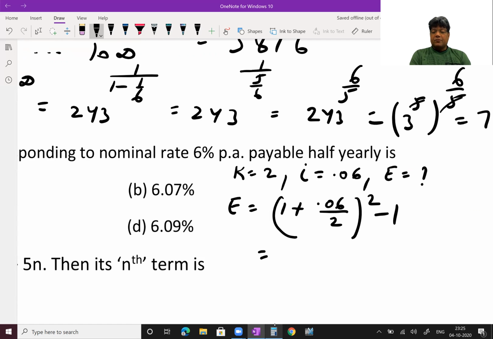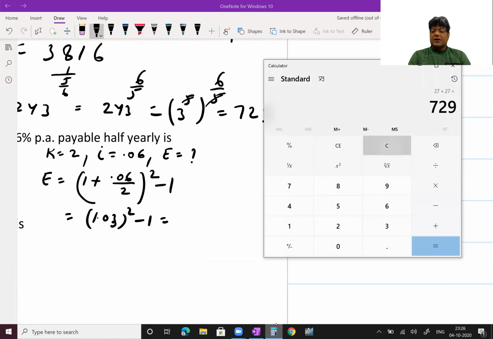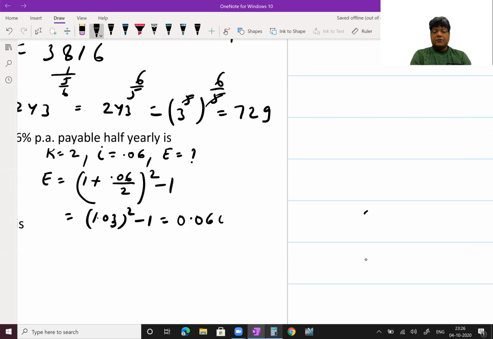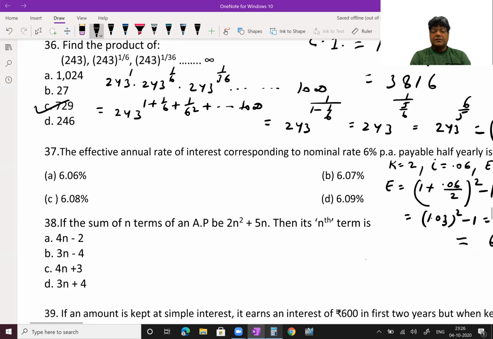So that is equal to 1.03 whole square minus 1. 1.03 whole square minus 1, guys, it's coming 0.0609. Now, if you want to convert this into percentage, you'll have to multiply this with 100. And if you do, it will come 6.09%. So option D is the answer.